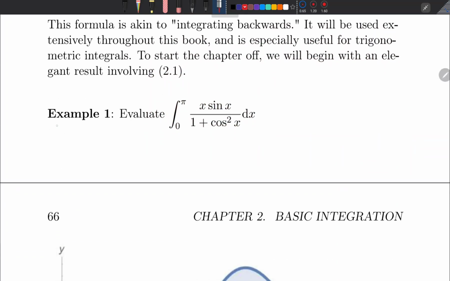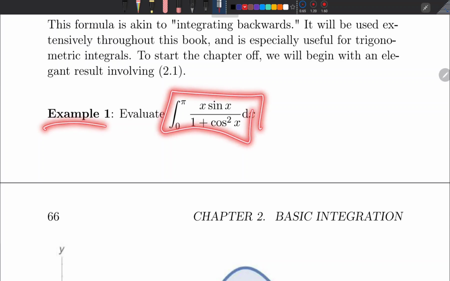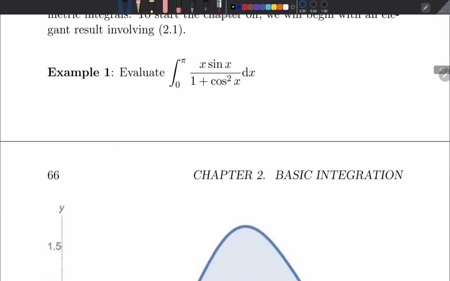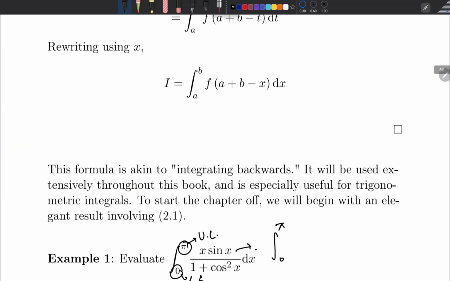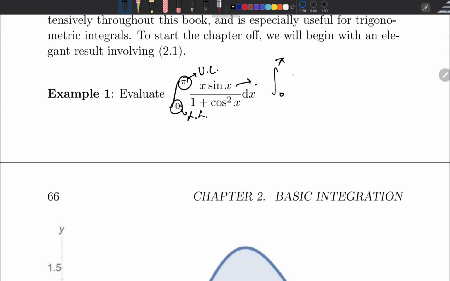Okay, we have example 1 here. We just have to evaluate this integral using the same stuff. The lower limit is 0 and the upper limit is pi, right? So we can write this as the integral from 0 to pi, using the property that we had proven here, of (pi minus x) sine of (pi minus x) over 1 plus cosine squared of (pi minus x) dx.